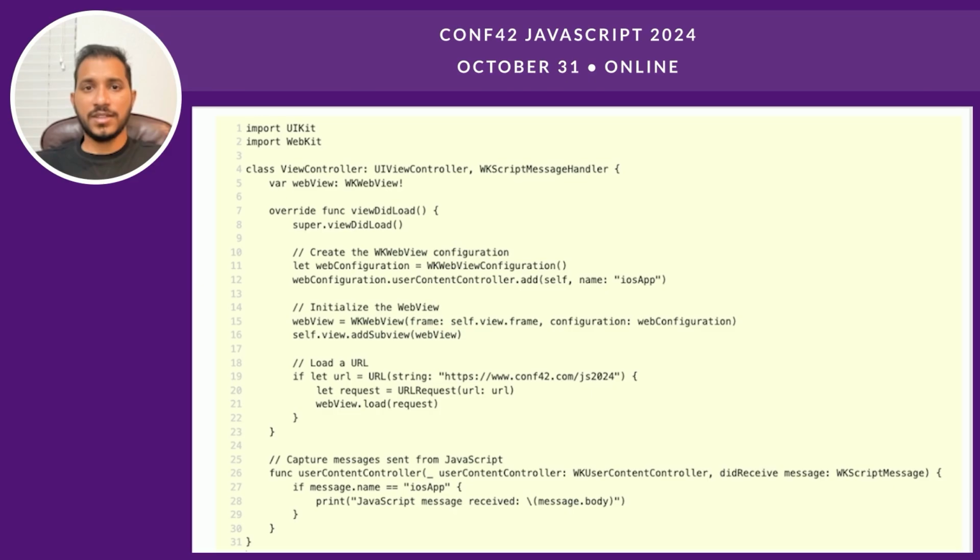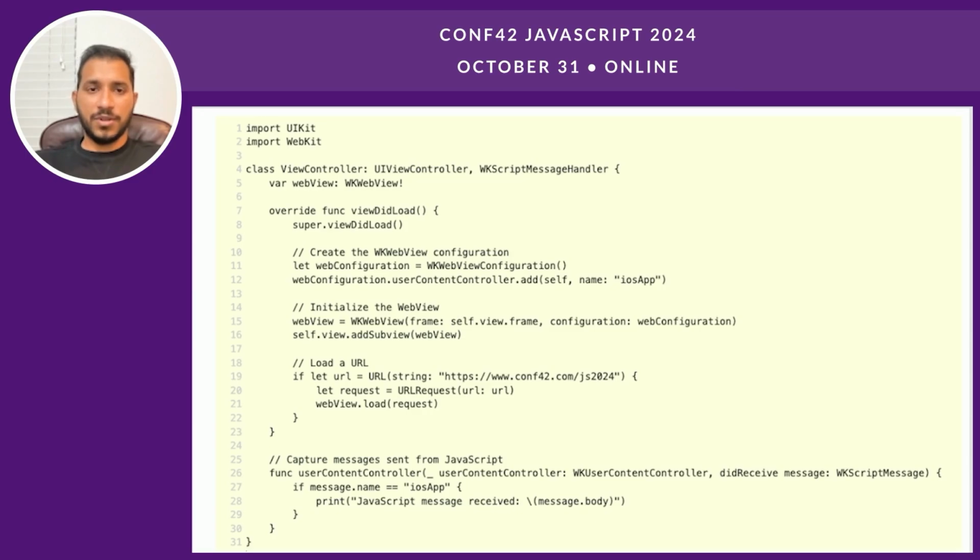add. Here the self is the current view controller, and you have to mention the name of the application, and later on you just have to initialize your WebView and add the configuration as well.